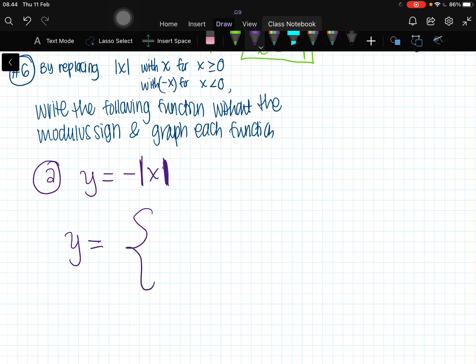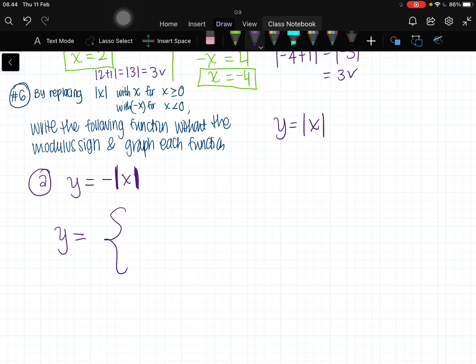Again, we have two parts of this. Remember, for y equals the absolute value of x, we could rewrite it as this. Y equals x if x is greater than or equal to 0, and then -x if x is less than 0. So again, for this one, it's different because there's a negative sign outside. So it'll be the opposite.